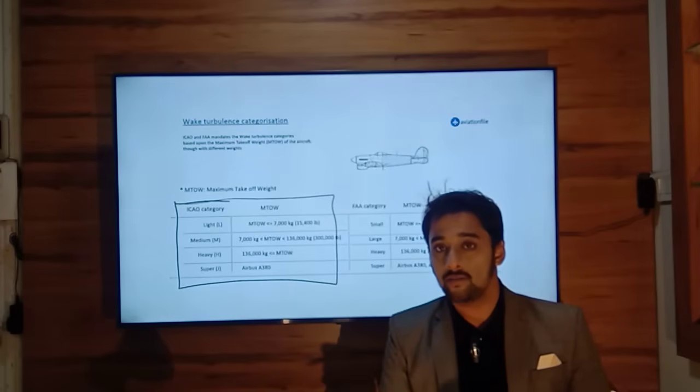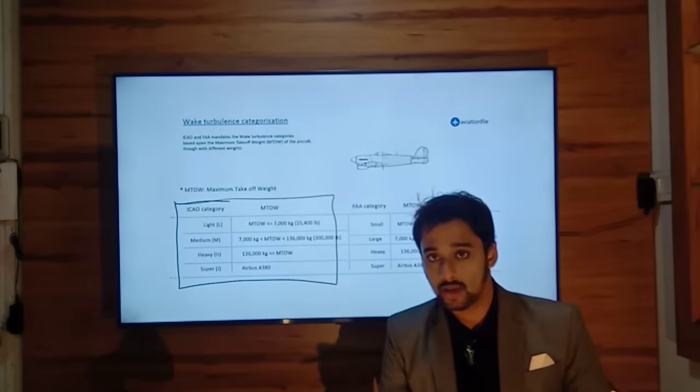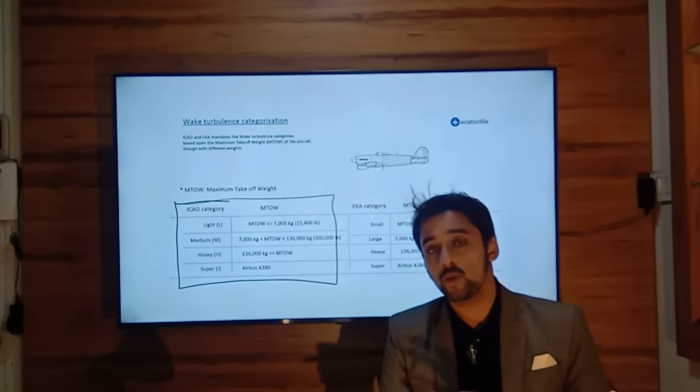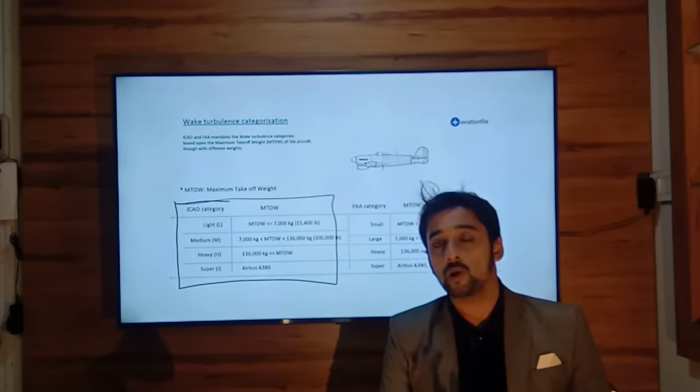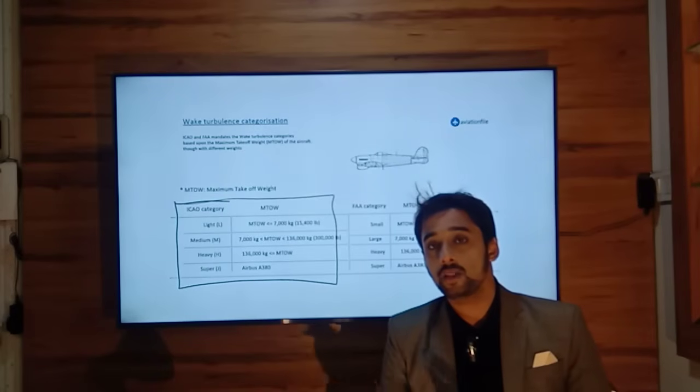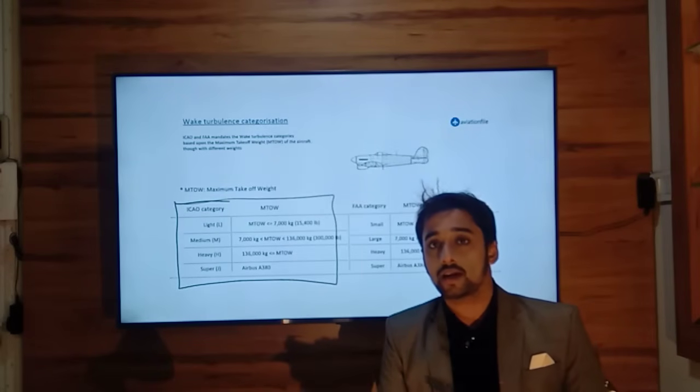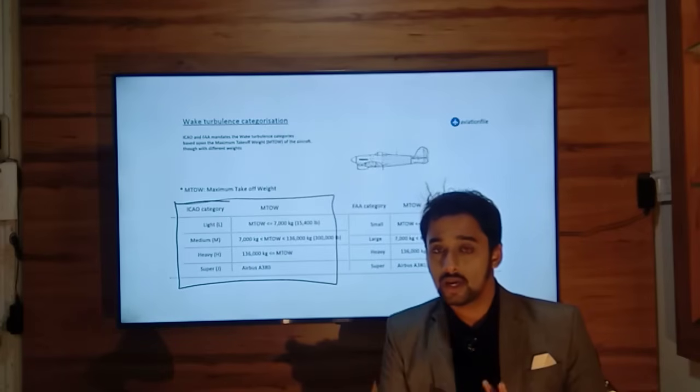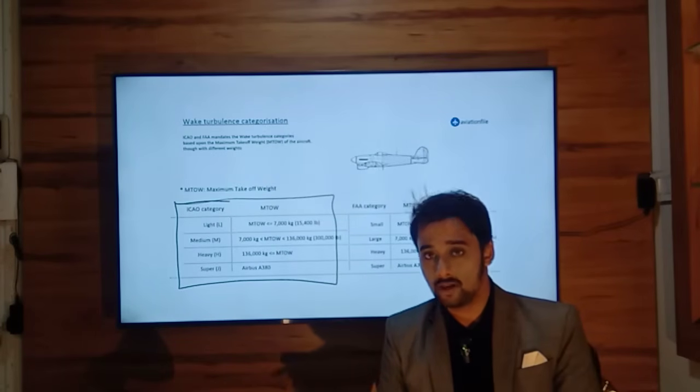These are relevant to wake turbulence category. So when you classify aircraft depending on wake turbulence category, you can classify them into a light aeroplane, medium aeroplane, heavy aeroplane and super heavy.